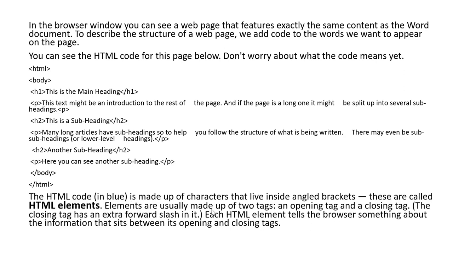Elements are usually made up of two tags, an opening tag and a closing tag. I have already told you about that. The closing tag has an extra forward slash. Each HTML element tells the browser something about the information that sits between its opening and closing tags.